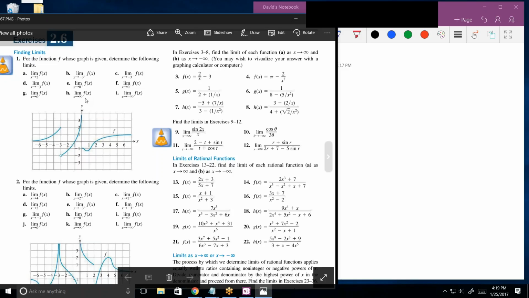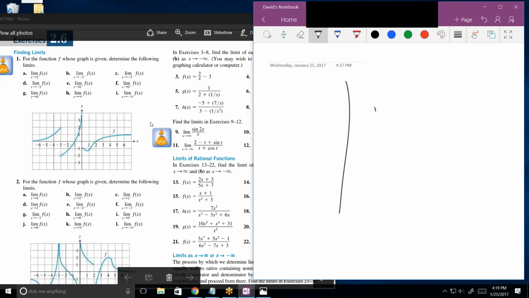Would that be infinity? No, remember, look at what f of x is doing as x goes to infinity. Oh, it looks like it's at 1. Yeah, you can't actually tell for sure from this drawing. It's possible that there's not a horizontal asymptote at y equal 1. If I were to draw the natural log function, it looks like this.